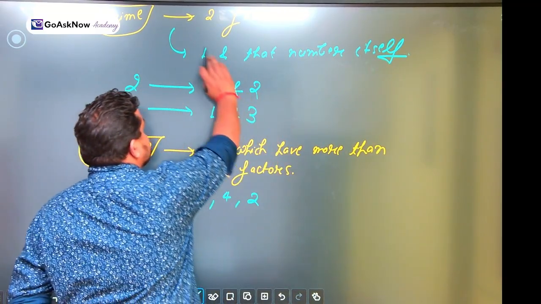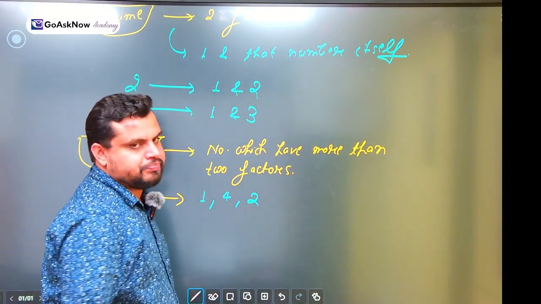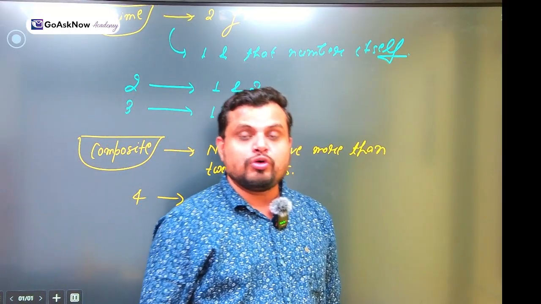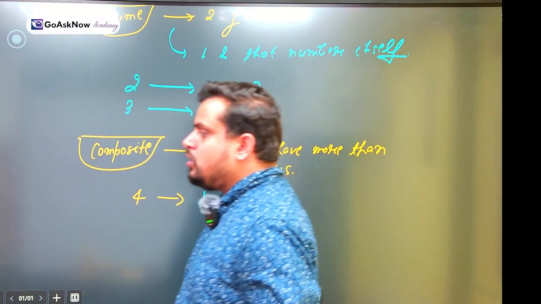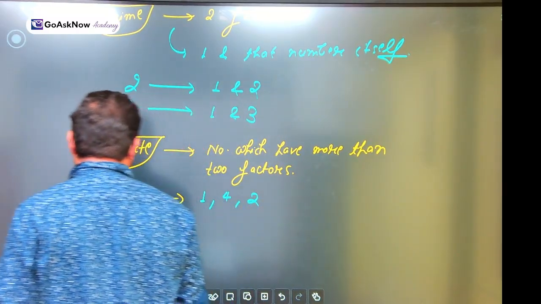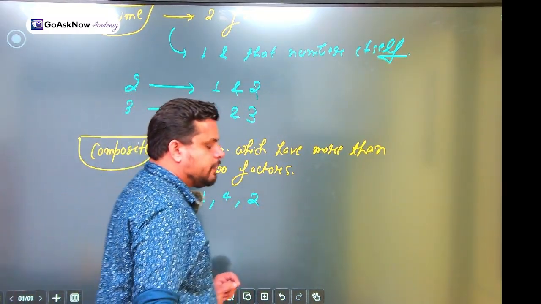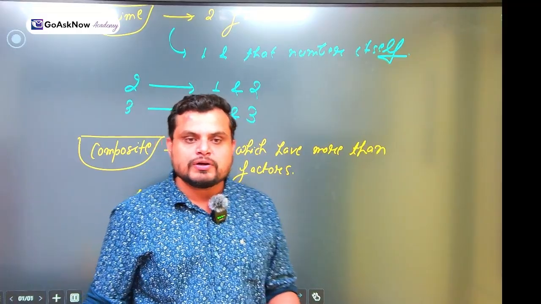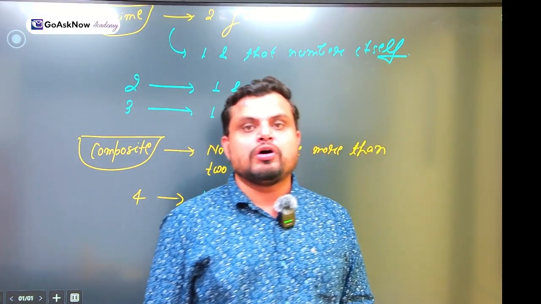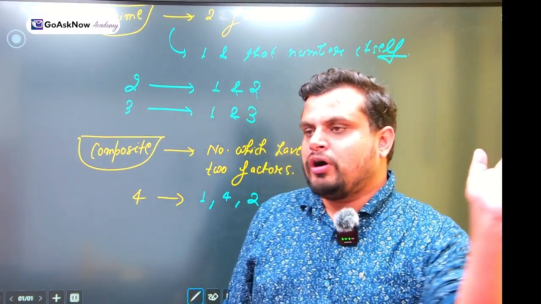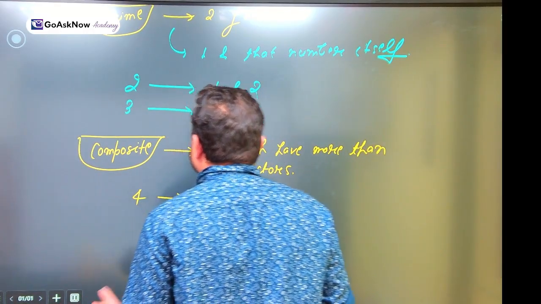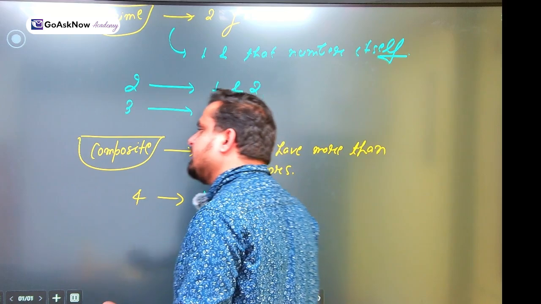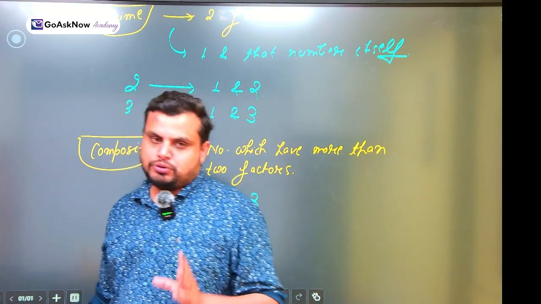That it must have two factors. 1 has only one factor. So you can write down that 1 is neither prime nor composite, because it doesn't fall in the category of either. I think now we are very clear about prime and composite numbers.